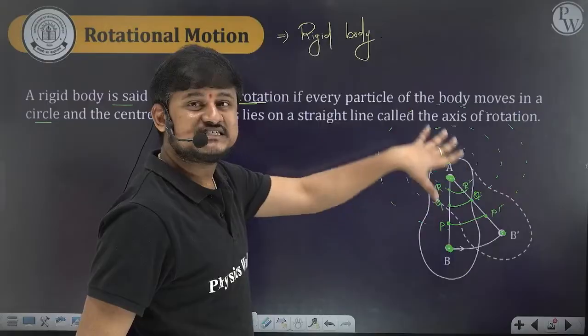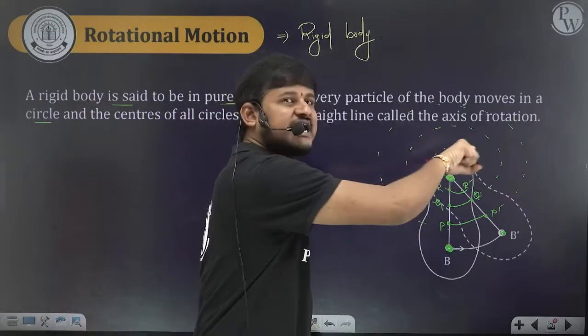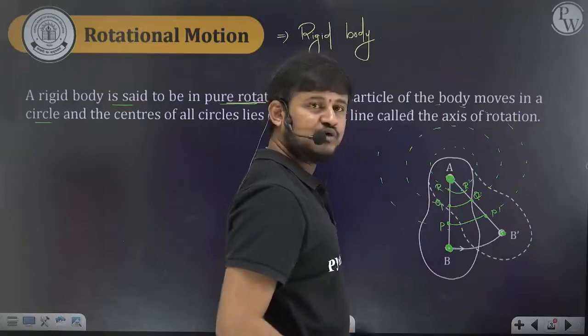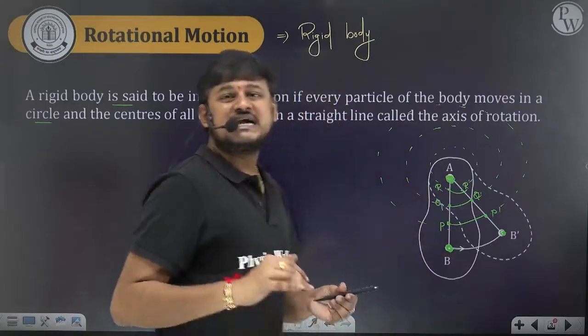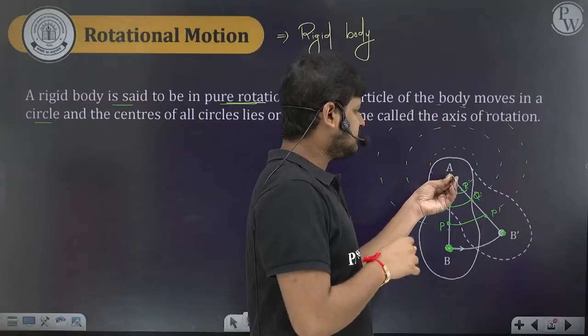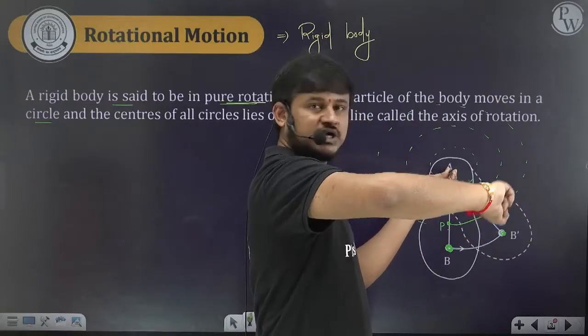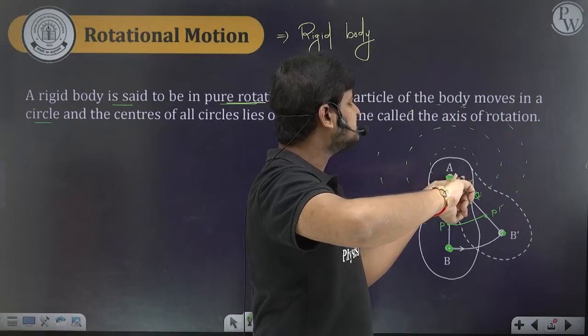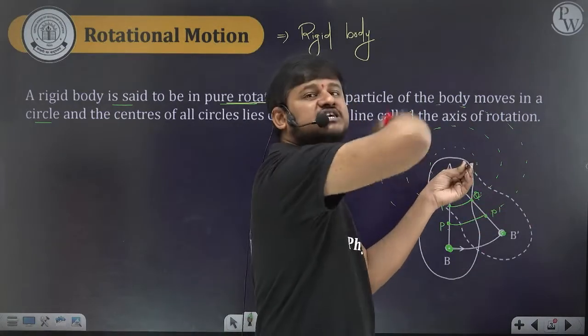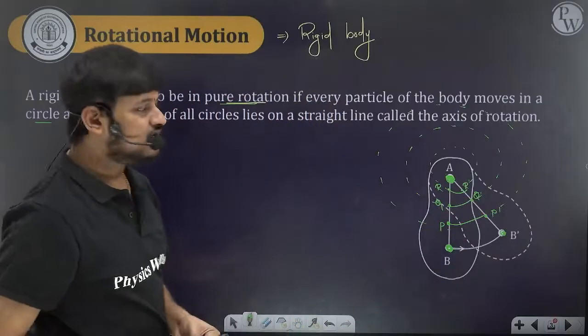For this particular point, wherever it is pivoted, that pivoted point acts as a center. About this point they are making circular motion. So this is the axis of rotation about which this body is said to be rotating. Clear? Understood, guys?